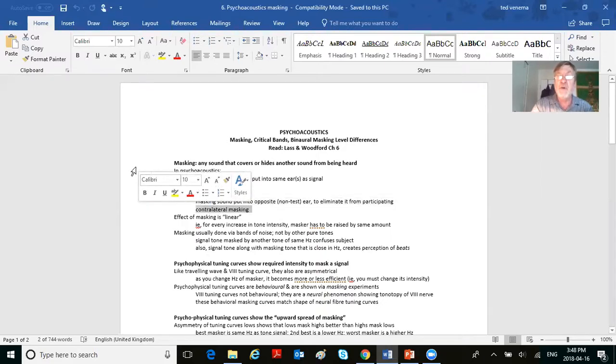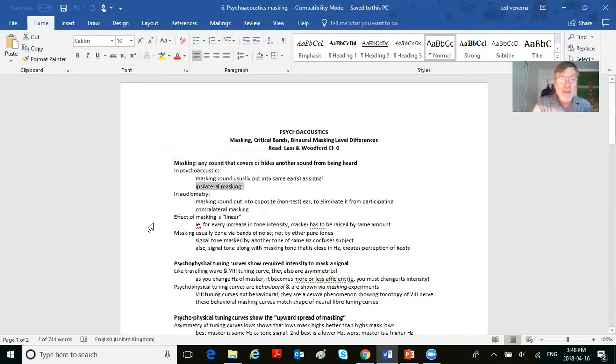In psychoacoustics research, masking noise is put into the same ear or ears as the signal, and that's called ipsilateral masking. At any rate, we care mostly about contra in our field and clinic, but let's look at what psychoacoustics did. Okay, because we have to appreciate that so that we know why background noise is such a pain in the butt for people wearing hearing aids.